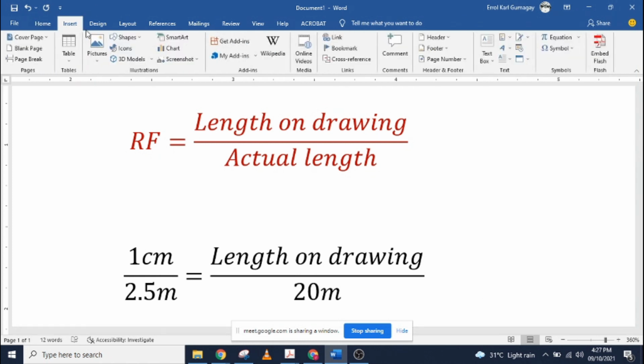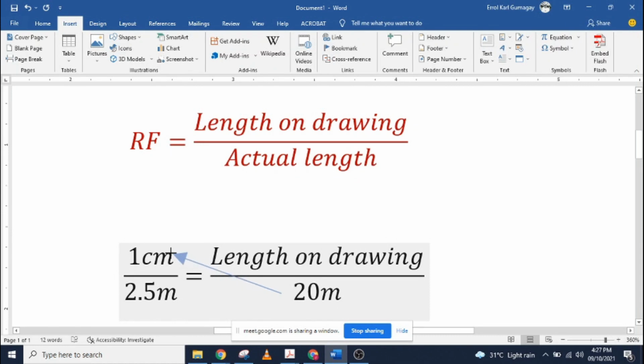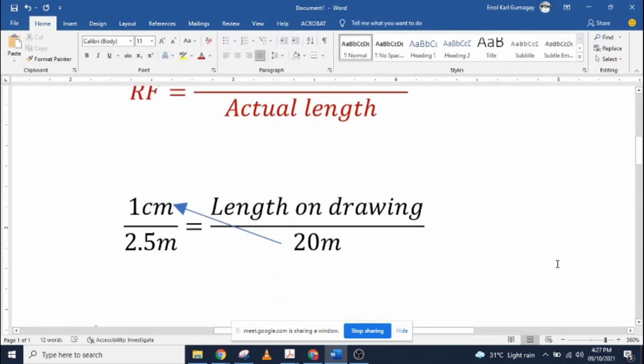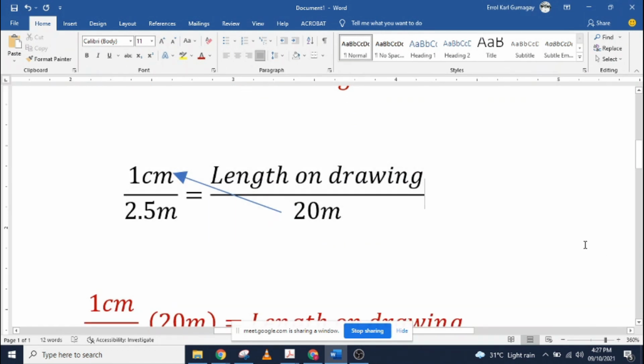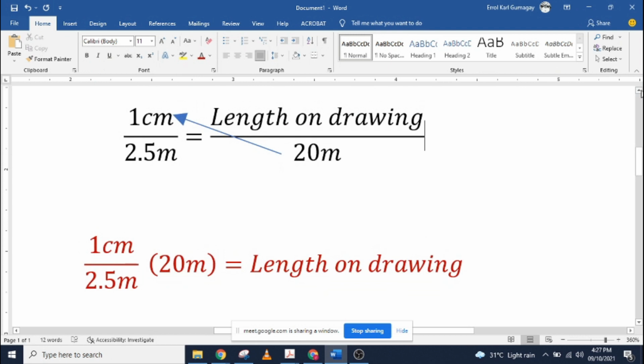Okay, so yung gagawin natin dyan, sunod natin gagawin is we will be cross-multiplying this one dun sa kabila. So what we will get, maiiwan yung length on drawing, magiging ganito na yung kanyang form. Okay, that the length on drawing will be equal to the 20 meters na actual length times sa ating representative fraction na 1 centimeter over 2.5 meters.